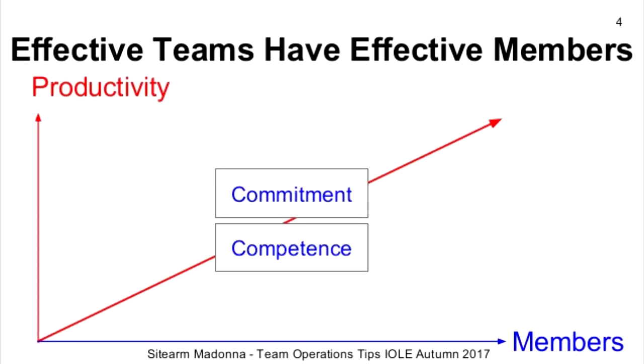The first effectiveness factor is the two C's, the letter C as in commitment and the letter C as in competence. So are you committed to this team? Are you committed to this project that your team is going to work on? And if you look at the root of the word commit, it's like transmit.